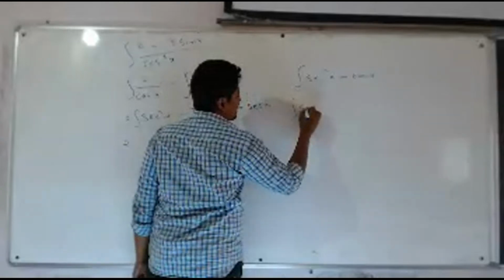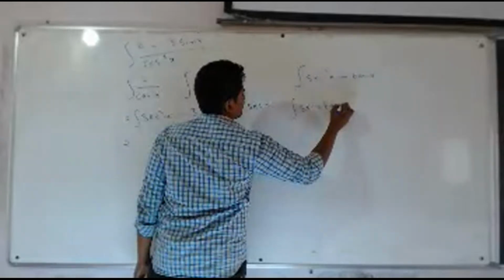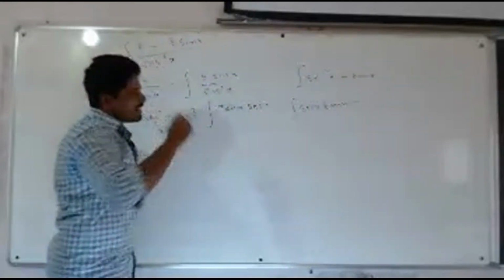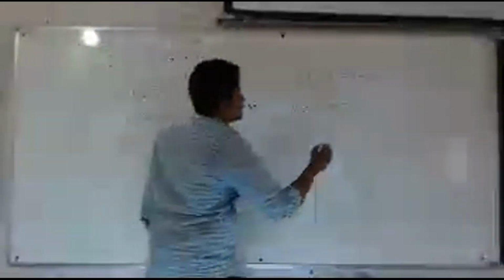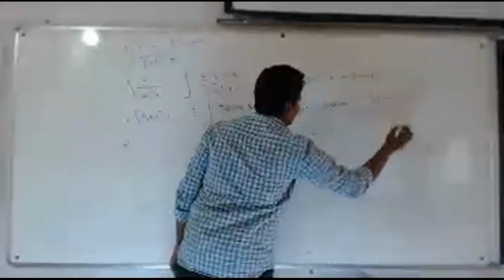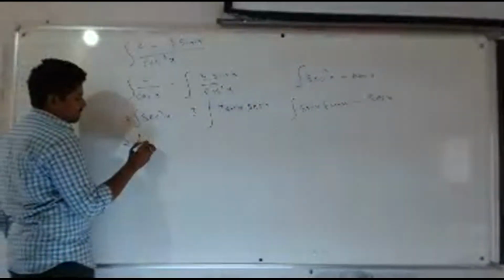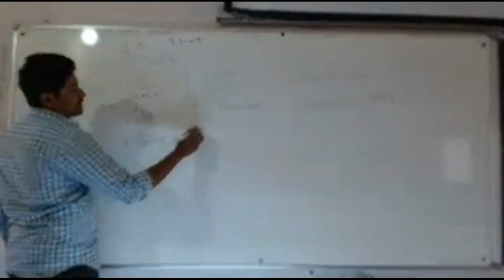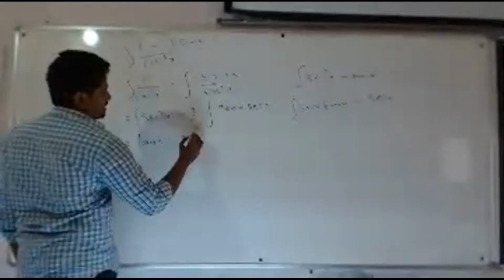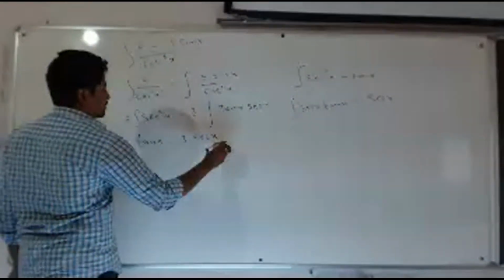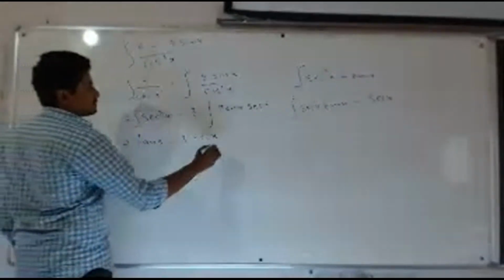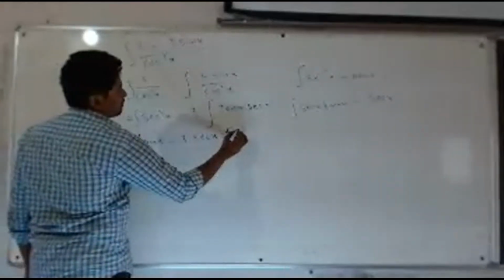What is the integral of sec x tan x? It is sec x. Integral of secant square x is tan x, integral of tan x sec x is sec x. Okay, right, plus.